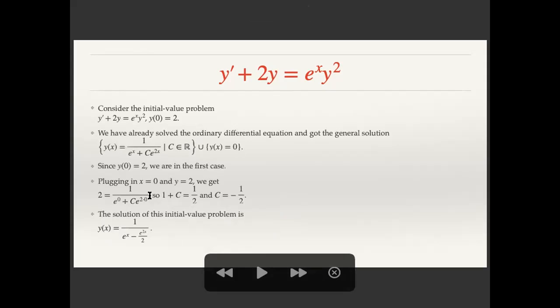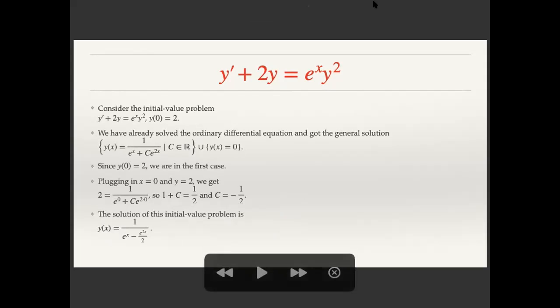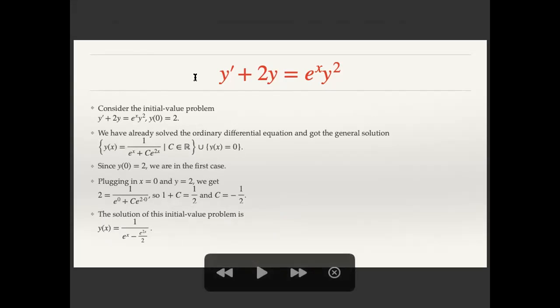Well, okay, so before the next example, I see I have a slide here about what we still have plenty of time. Yeah, we have around 20 more minutes. So the next slide here shows you how to solve an initial value problem for this type of equation.